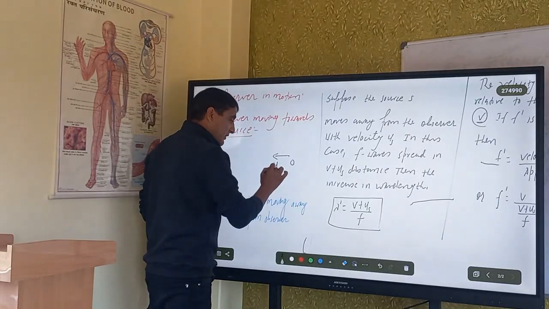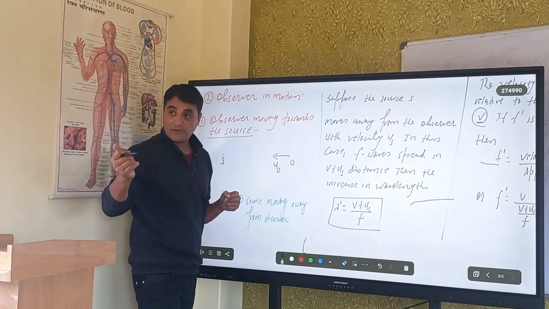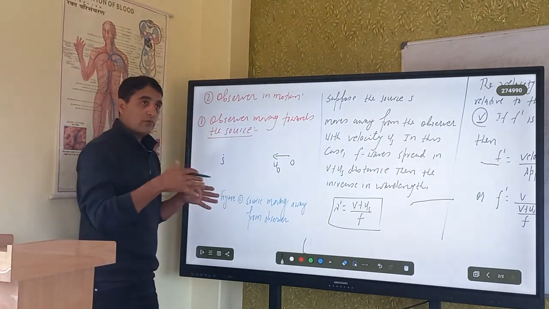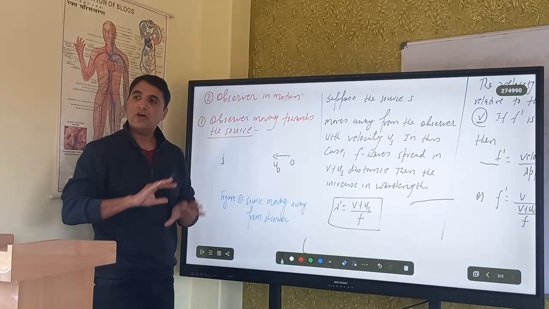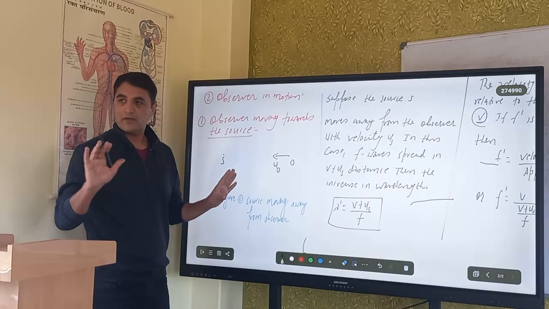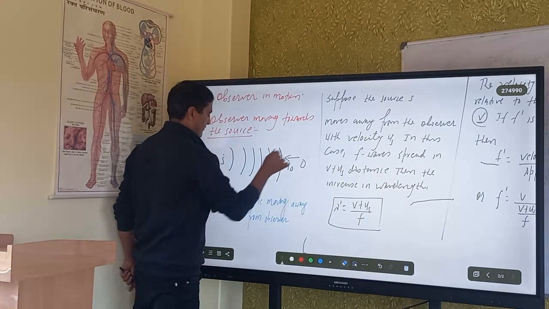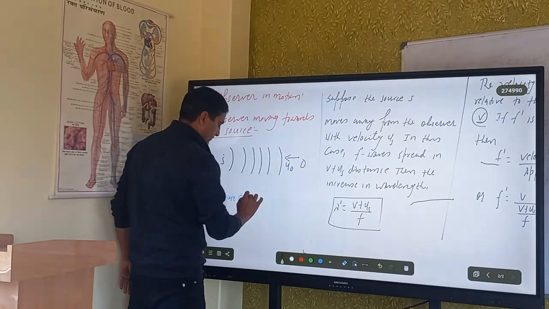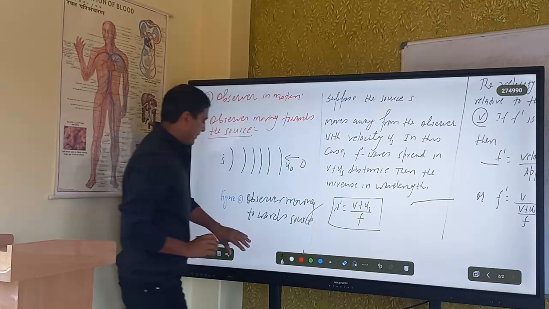And let's give its velocity u. U means velocity, O means observer velocity. And in this case, neither the waves compress nor spread. This is our case.